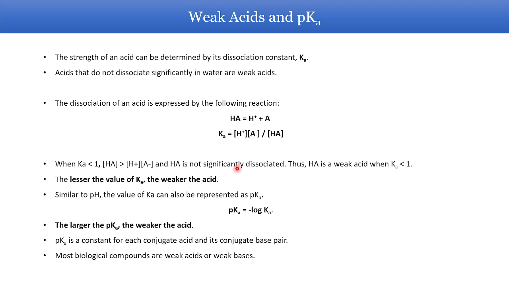Now, so this is about pH and pOH, but acids and bases can be of different types. You can have weak acids, strong acids, weak bases, and strong bases. And how do you define them? So let us first understand the weak acids and about the pKa.